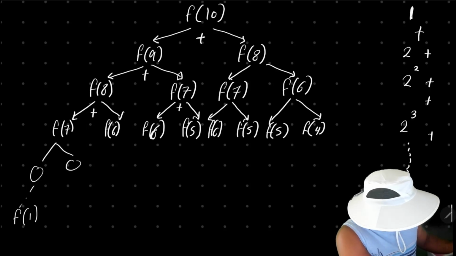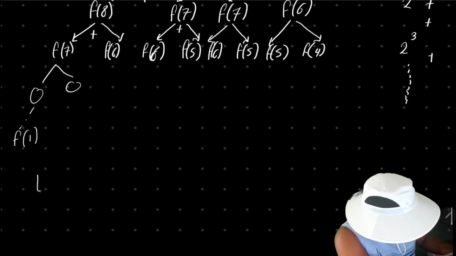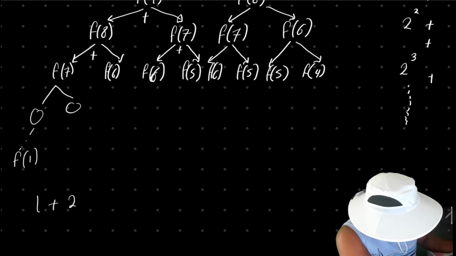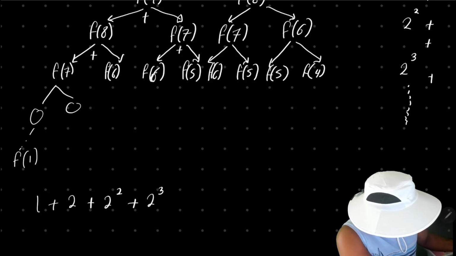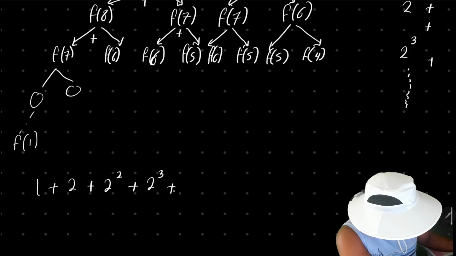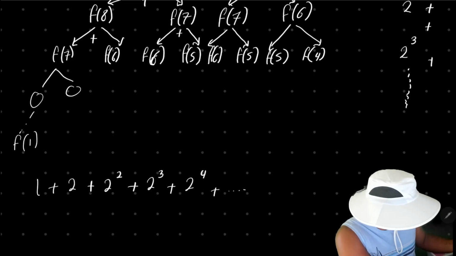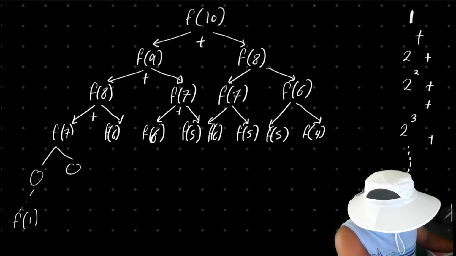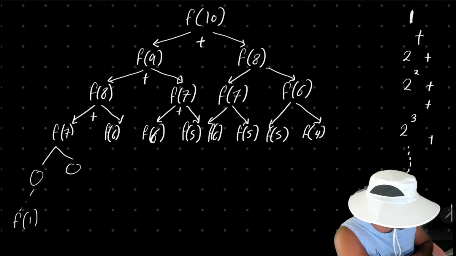So let's think about it. You have 1 plus 2 plus 2 power 2, 2 power 3, and then 2 power 4, until the very bottom of the tree. Okay, how many terms are we adding? Well, how many layers do we have here?